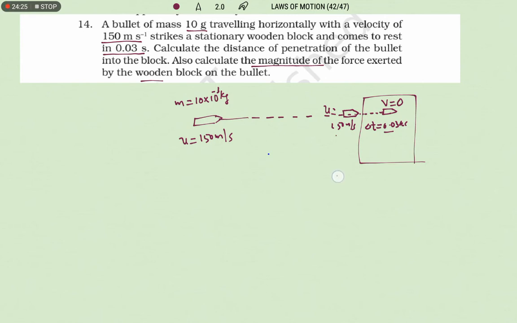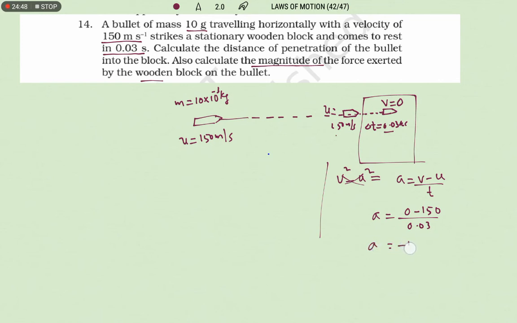So let us take a equals v minus u by t. So a equals 0 minus 150 by 0.03.